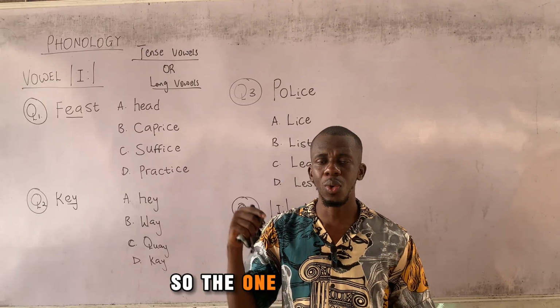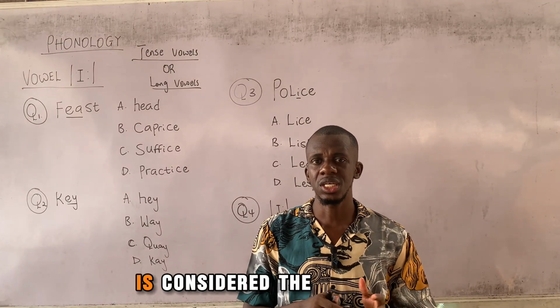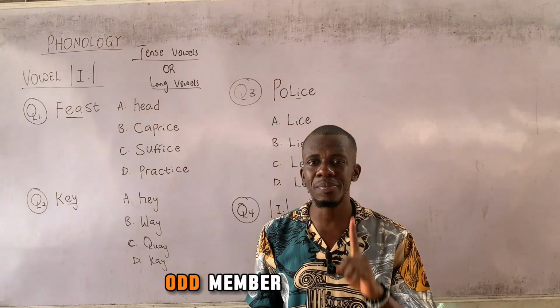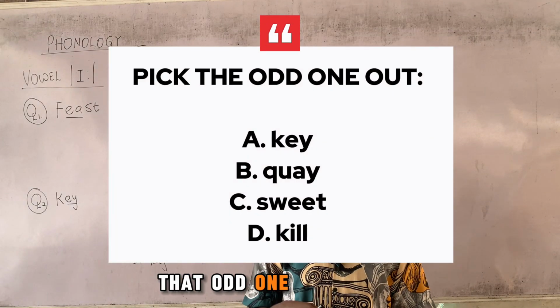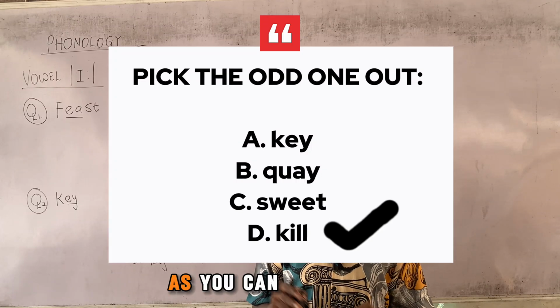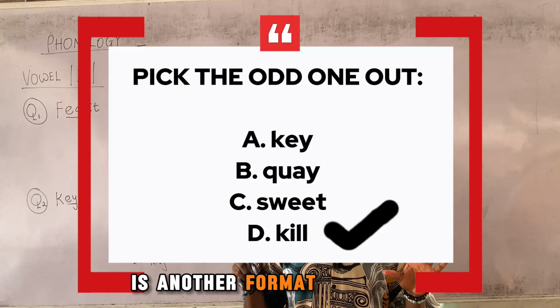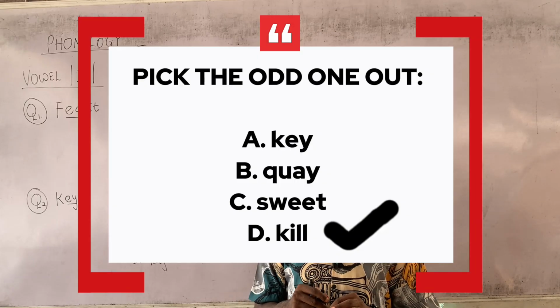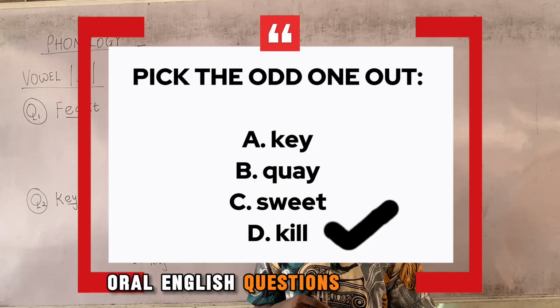The one that does not have the same sound as the other 3 is considered the odd member, and in exam conditions, that odd one should be your answer. So this is another format that examiners employ when asking oral English questions.